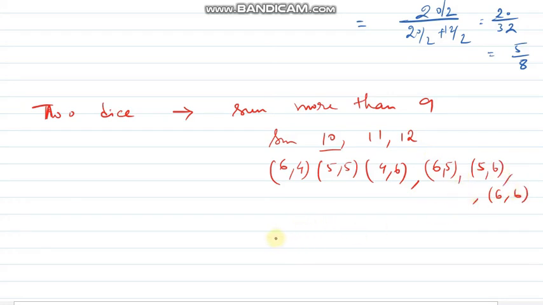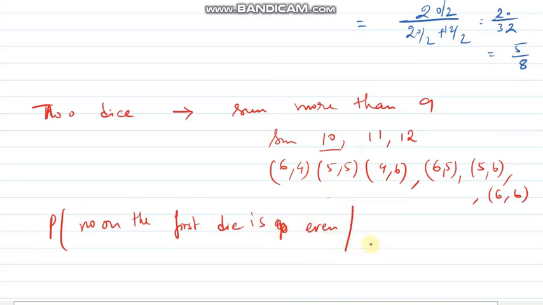So I roll 2 dice and get a sum more than 9. What's the probability that the number on the first die is even, given that the sum is more than 9?